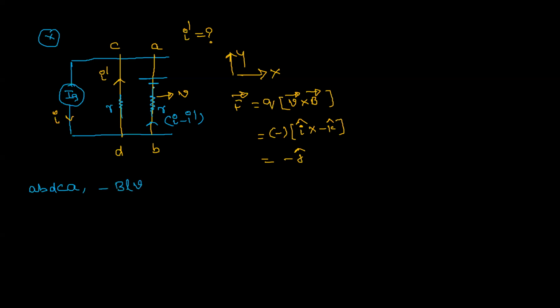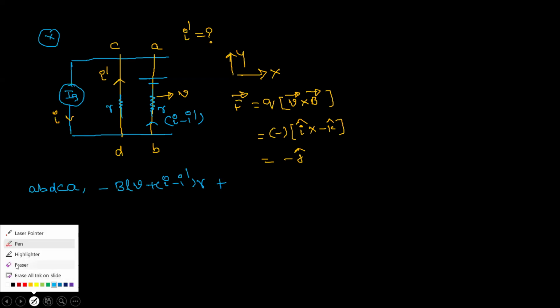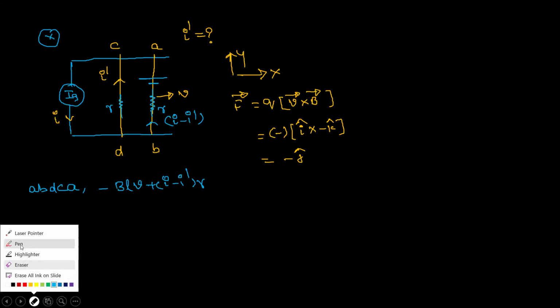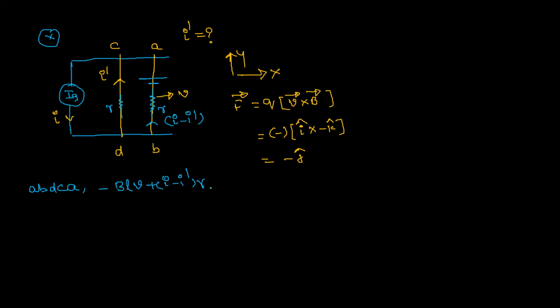Next, we are moving opposite to current flow, so I take plus I minus I dash into R. Next, we are moving along the current flow, so we should take minus I dash into R, that is equal to 0.